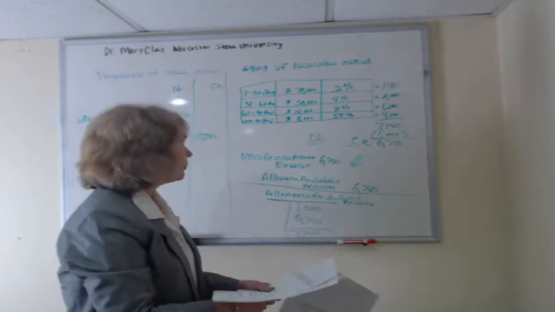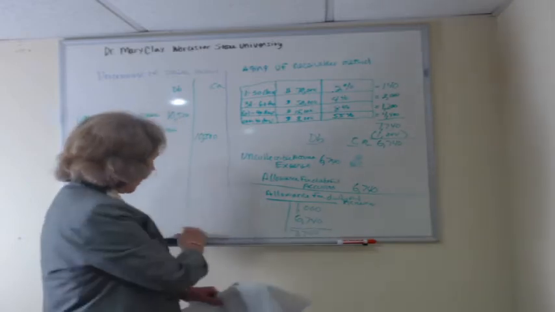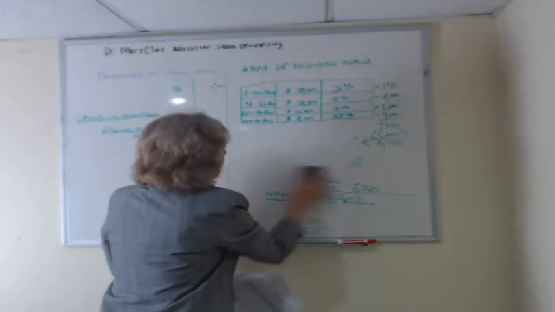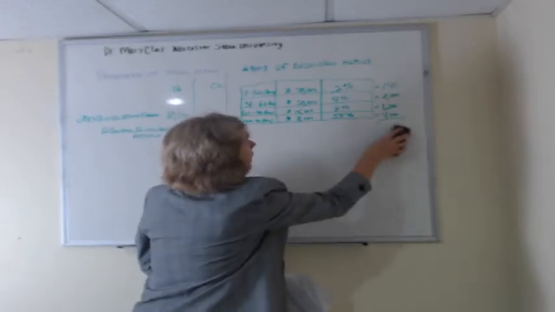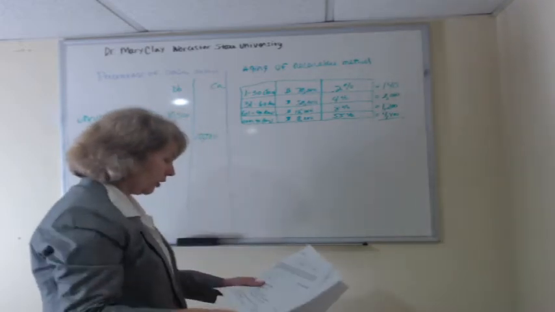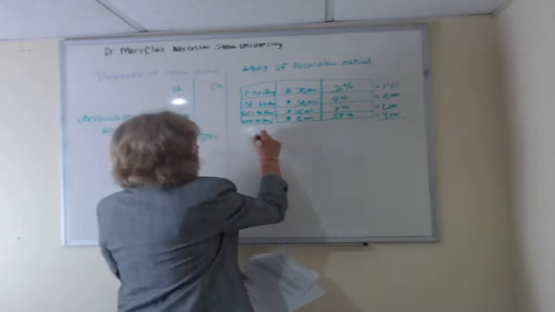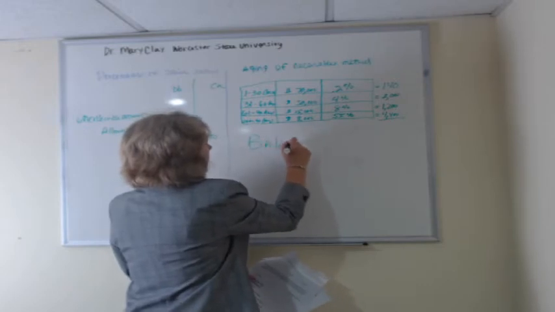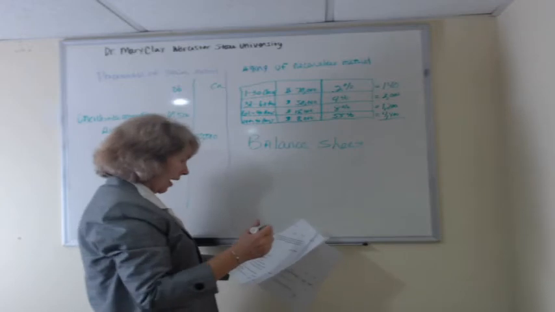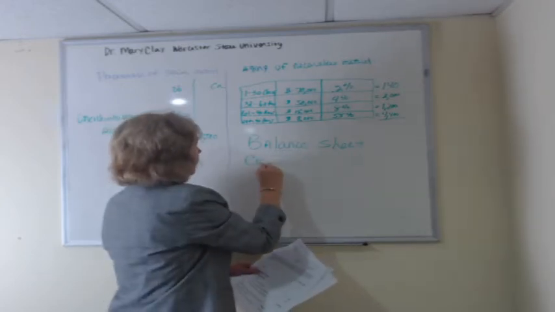Okay? All right, the next thing that it's going to ask you to do, so I'm going to erase this now. The next thing it's going to ask you to do is to figure out the effects on the balance sheet. Okay, so they have a balance sheet. All right, and they have current assets.